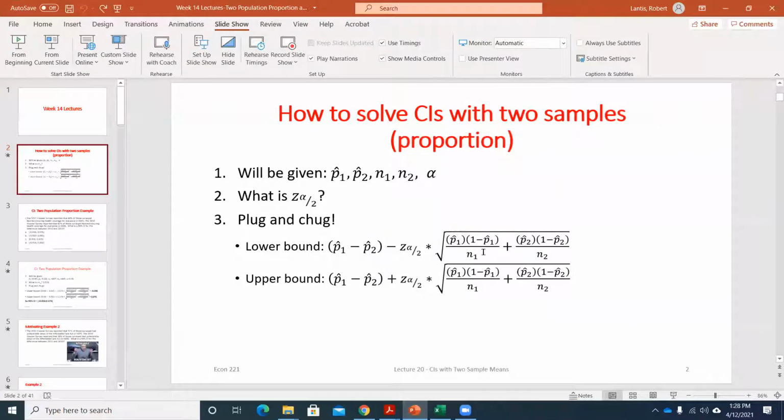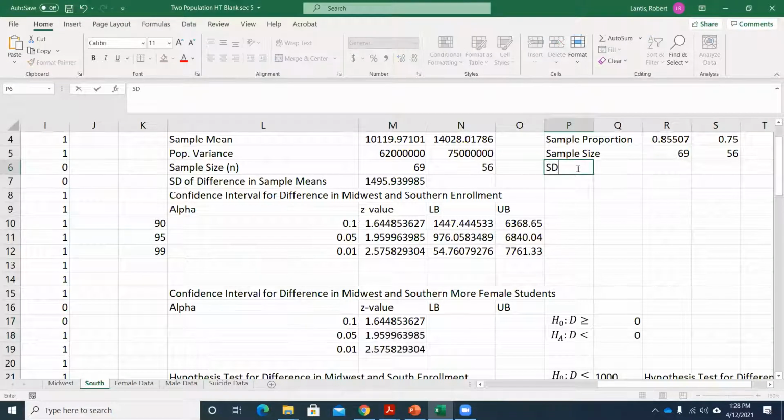Now, I'm going to break it down into two parts just to make it a little easier. I'm going to calculate this, which represents the standard deviation for the difference in proportions, in a different cell, up here. So, standard deviation of the difference in sample proportions.